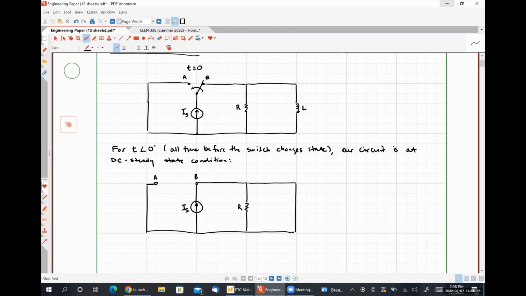What I'm interested in understanding is what my inductor current looks like. So I'm going to call my inductor current direction down, and I'm going to call this current IL at 0 minus. Who among you can tell me what value IL of 0 minus should have?